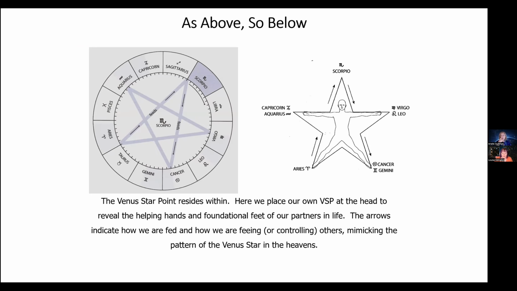So this was further to the point from the previous slide. These are the arms and the legs, and if we were using the Scorpio star point as the head, these are the partners it's going to have throughout the course of its life. Depending on when you were born in that 100-year period, if you happen to be a Scorpio star point, if you were born early in the period, you're going to have a Virgo Aquarius set of hands.